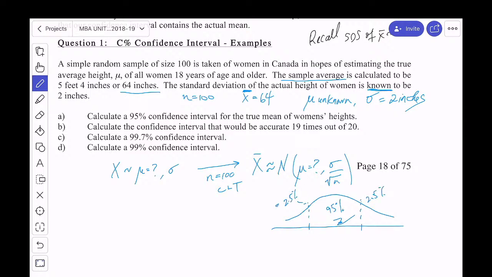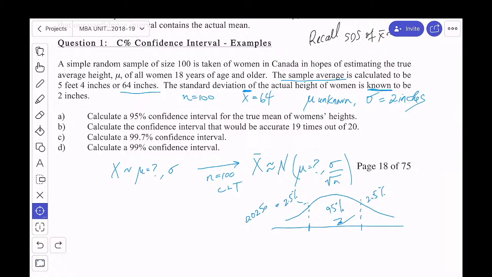So I have to find the place where it's 0.025. I need to find this, and that will tell me how far away I am. So if we went into the standard normal table, we could look inside the table for this number and find the critical value.